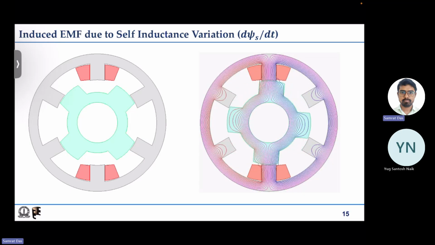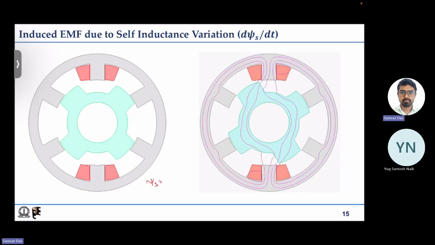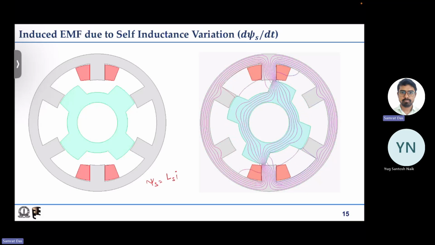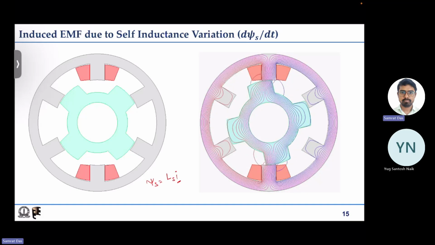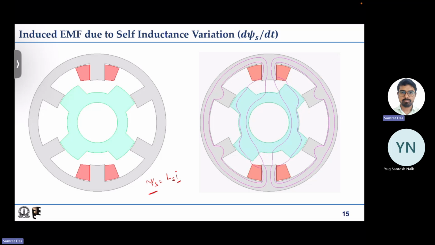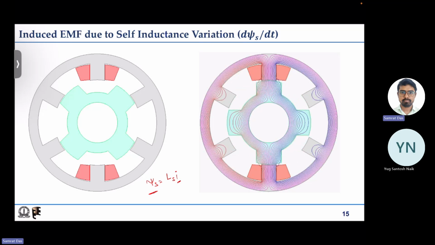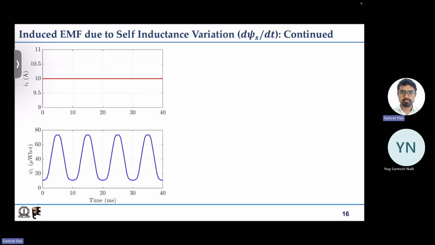Because self flux linkage is nothing but self inductance into current, if current is constant and self flux linkage is varying, that means inductance is varying, and that causes some induced EMF. We saw that in the rising portion there will be some positive induced EMF, and in the falling region there will be some negative induced EMF.